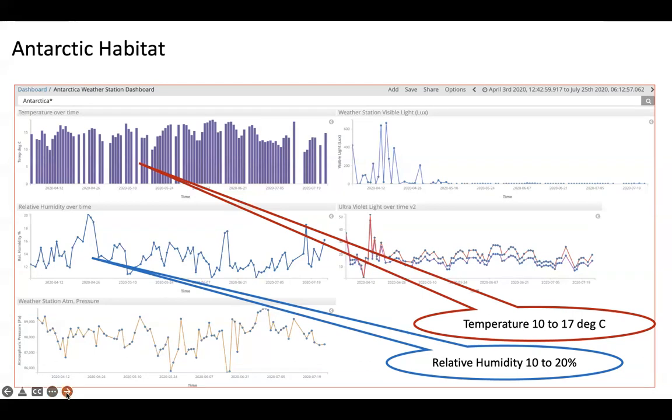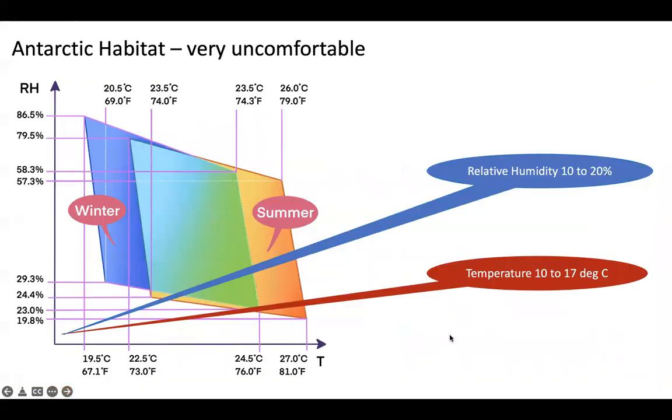If we go to the next slide and plot it on that graph, we can see that they are way out of the comfort zone because it's cold and very, very dry. It doesn't matter how many humidifiers they try in that habitat, because it's not completely sealed. It's not like a space station. And so they find it very, very difficult to get comfortable in that habitat.